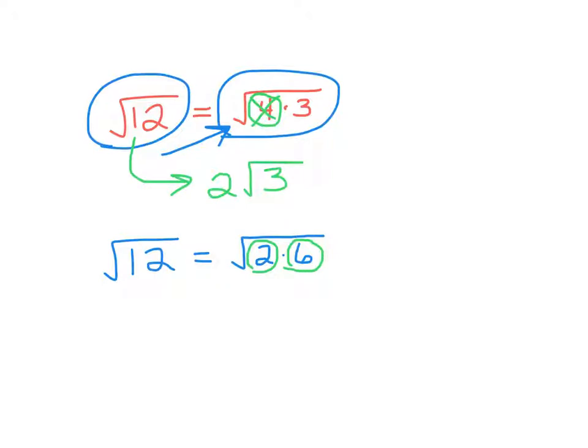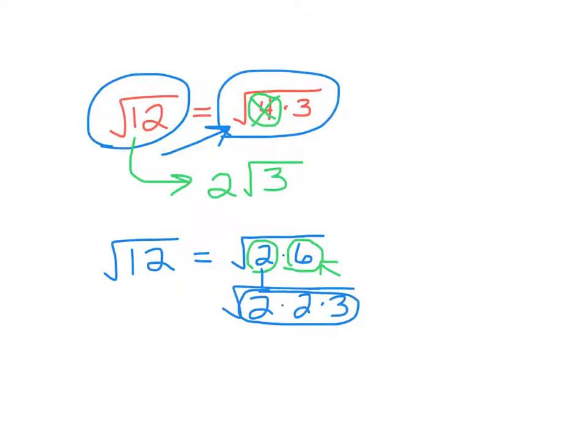But if I wanted to, I could break up this 6 again. And I could say that I have the square root of 2, that's the original 2 that I started with, and the 6 I could break up as 2 times 3. So I really have the square root of 2 times 2 times 3, which, when you multiply all three of these numbers together, you get that original 12.